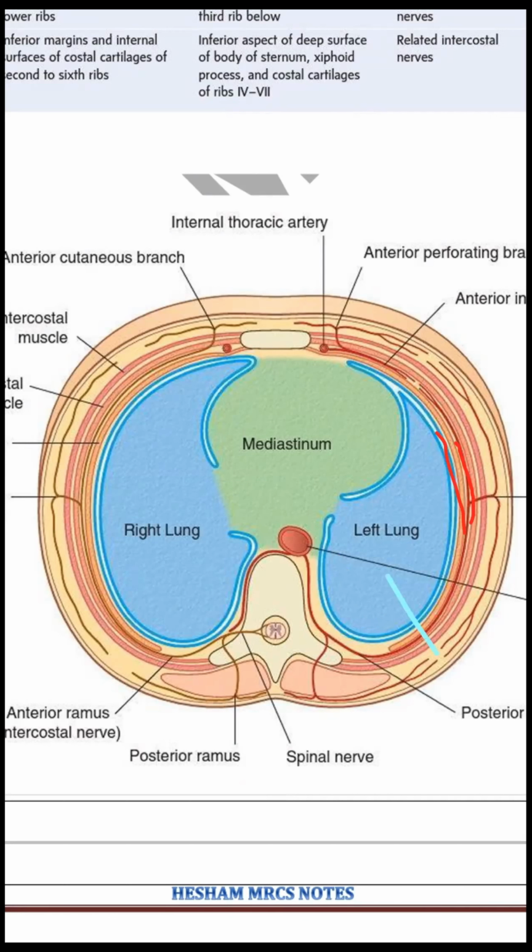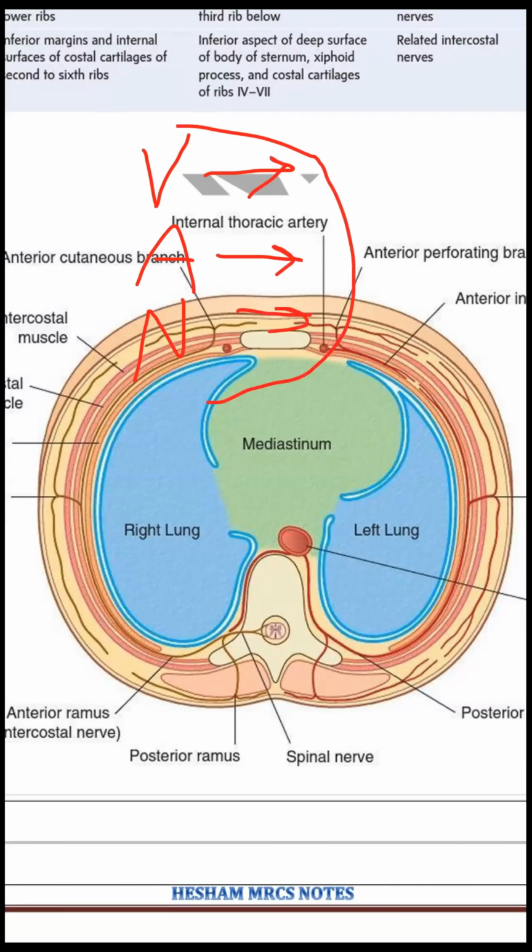Very important is the arrangement of the structures found below each rib: intercostal vein, intercostal artery, and the intercostal nerve. So this is the arrangement of the structures found below the rib. While you are inserting a chest drain, I have the rib here, and the structures are here.